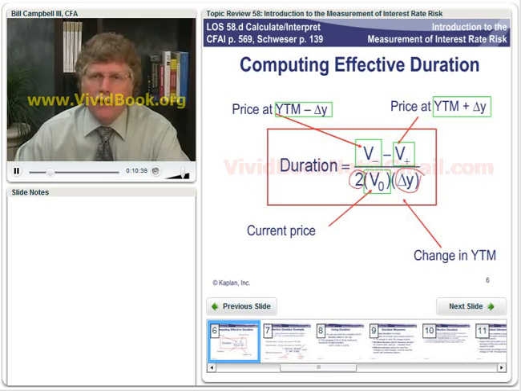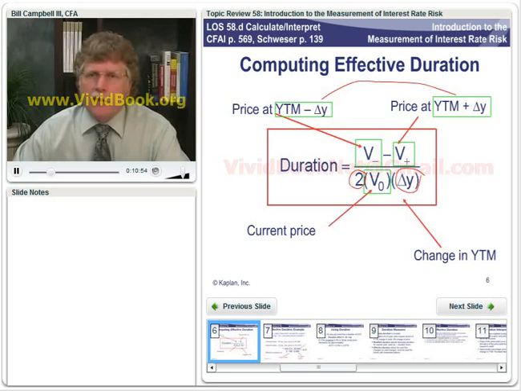Why? Because the total change in yield from V minus to V plus is 2 times delta Y. We went from minus delta Y to plus delta Y. So this gives us the percentage change in price. We call this effective duration.